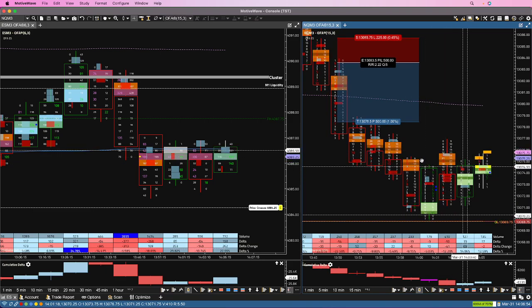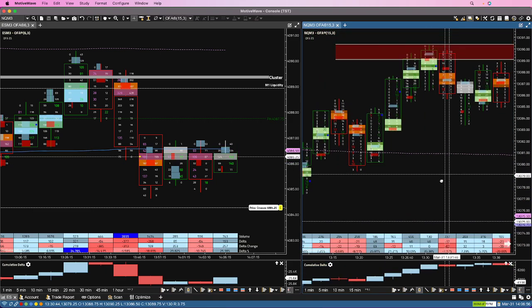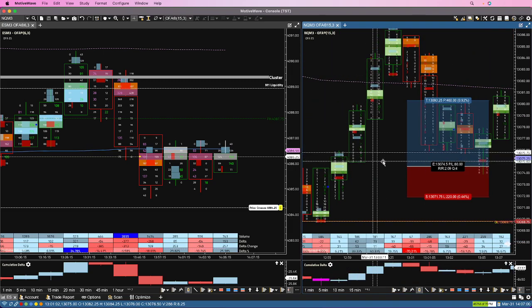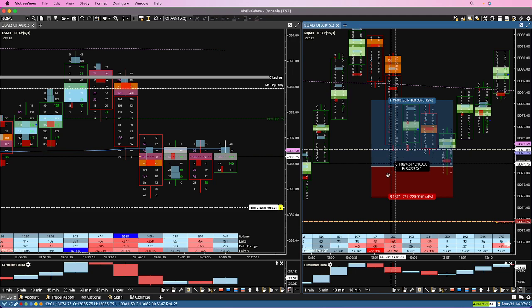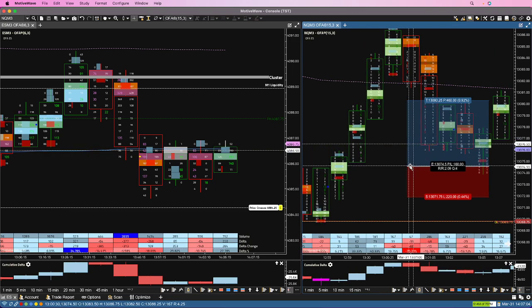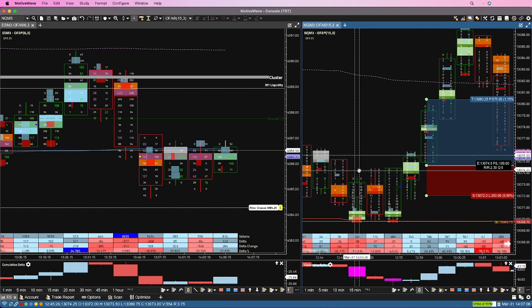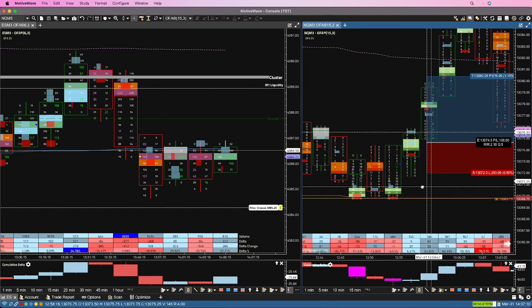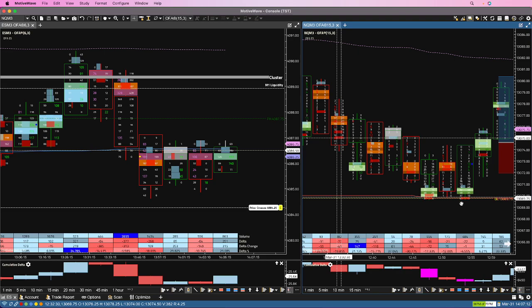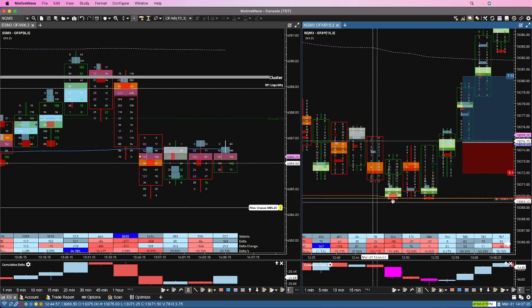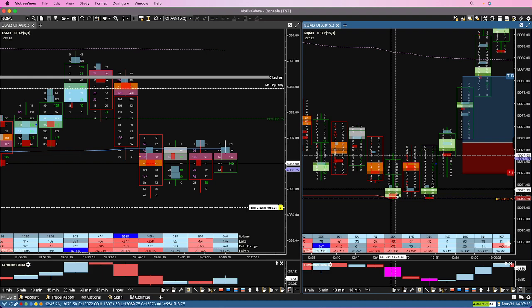So let me give you another example. This is a trade that I didn't take, to be honest, but it could be good as well because price reached this very good zone, which is the hedging session low basically, and made this first reaction.